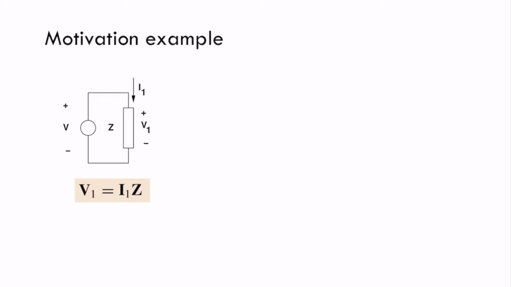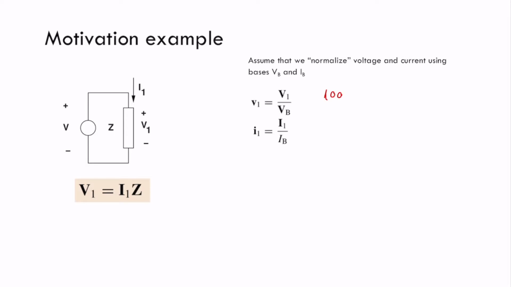Let's assume that you have this very simple circuit, where voltage and current in this impedance are related. This is the relationship between the voltage V1 and the current going through this impedance. What we want to do is normalize. If we have a voltage V1 of 1000 at 25 degrees, for example, I can normalize by dividing by 1000.